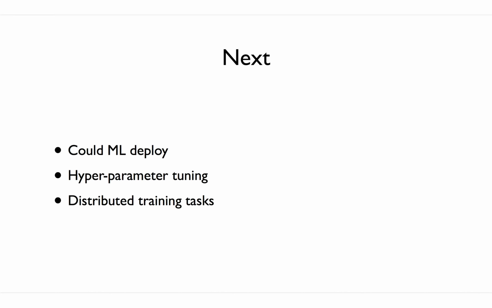So I briefly covered very simple examples of how to use Cloud ML here, but Cloud ML can provide many more things. For example, using Cloud ML, you can deploy your prediction services on the cloud without any server. Hyperparameters like the number of layers or learning rate can be automatically tuned using Cloud ML.